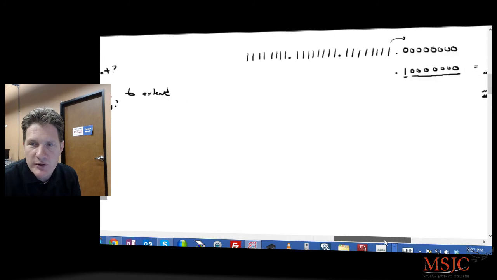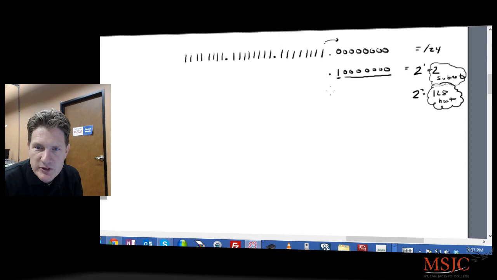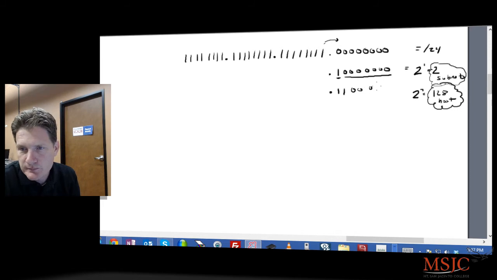It'll solve the number of hosts, right? Because I only need 26. But I don't have enough subnets because I only have 2, right? So I've got to maybe borrow 2 bits. So if I went 11 with 6 zeros, right? Then what would that be?